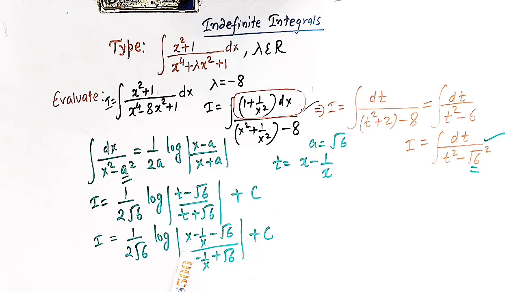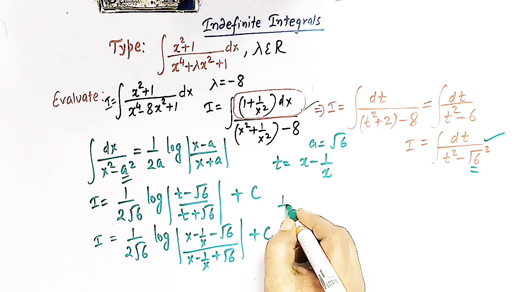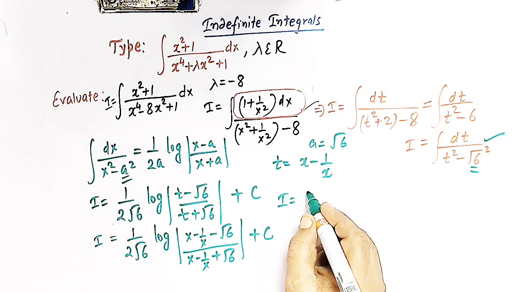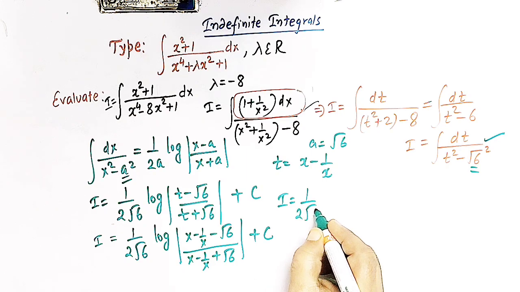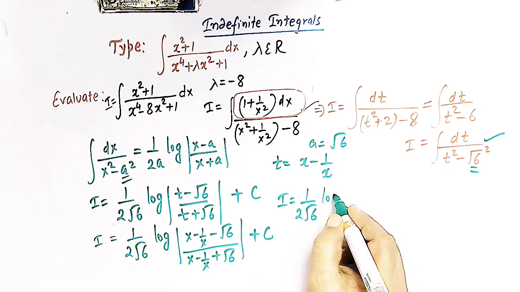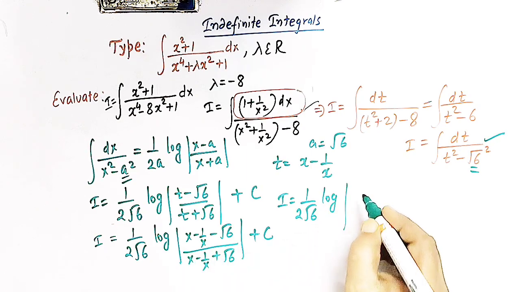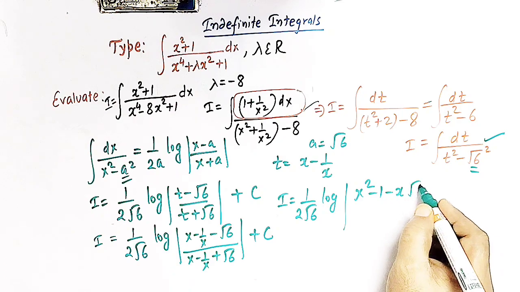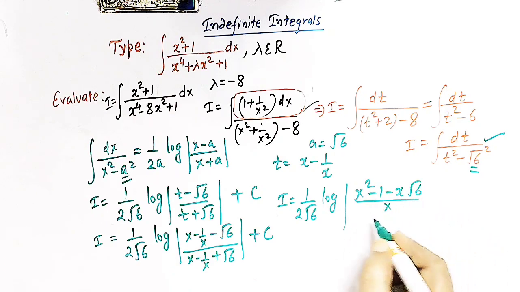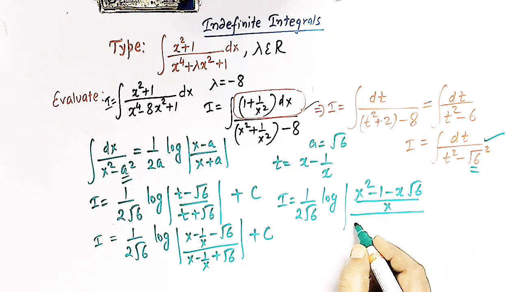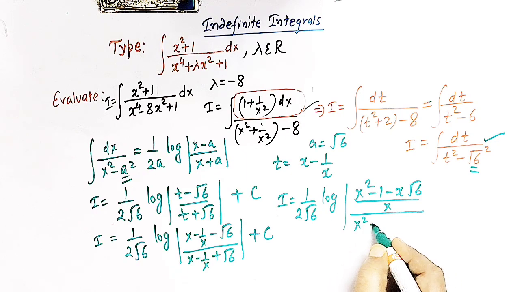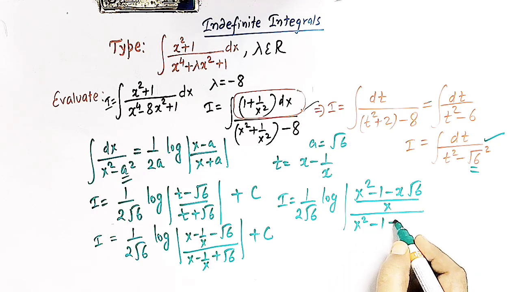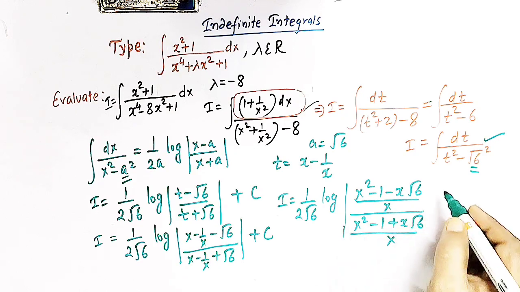Now simplifying the numerator and denominator, we can write I is equal to 1 over 2 times square root of 6, and here we have log of x square minus 1 minus x root 6 divided by x, and then x square minus 1 plus x root 6 over x, right?